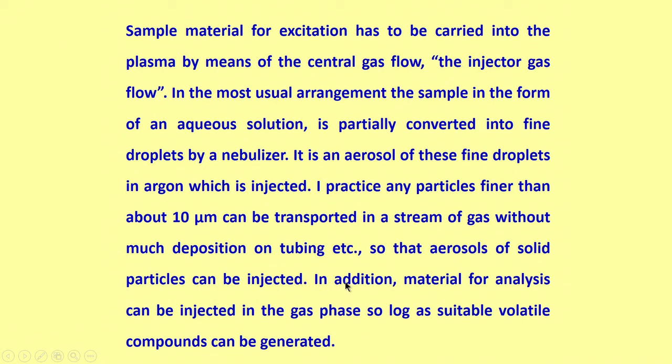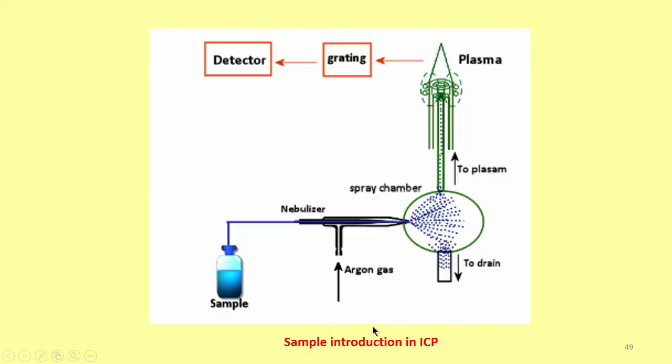In addition, material for analysis can also be injected into the gas phase, so long as suitable volatile compounds can be generated. That is very important, because sometimes, as with hydride generation AES, which we have already talked about, there are ways of introducing the sample.